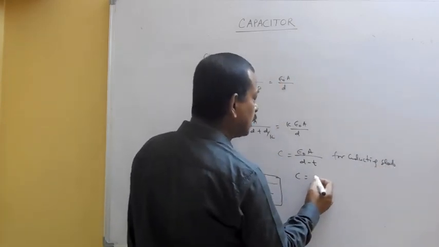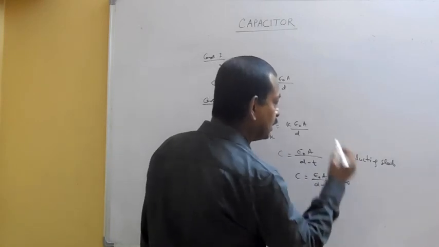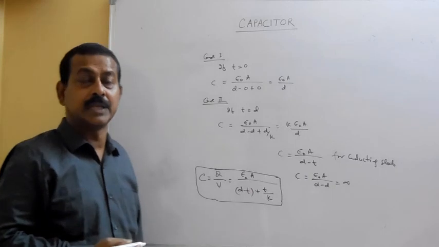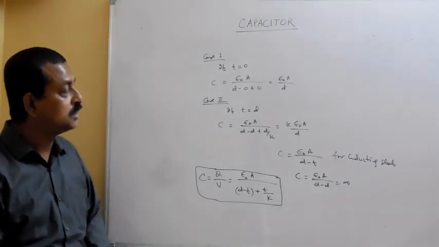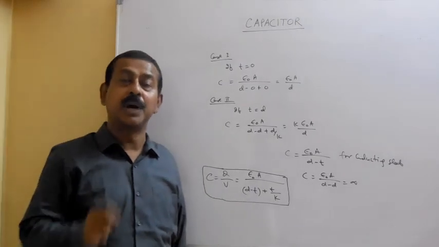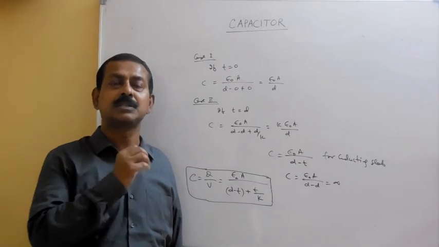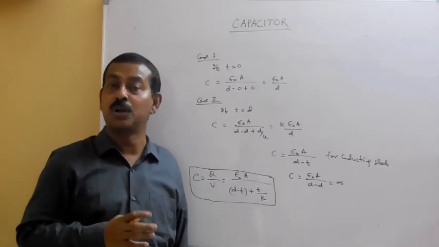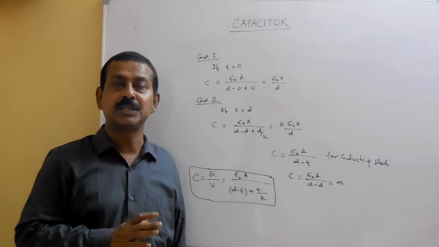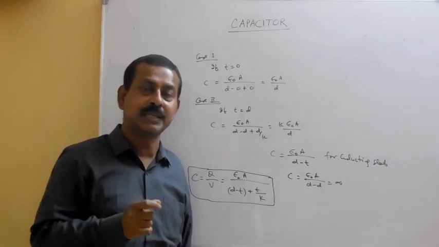Then C will be epsilon naught A by D minus D, and that is infinity. That means the capacitance of this capacitor will be infinity. But in a general case, this capacitor is of no use.